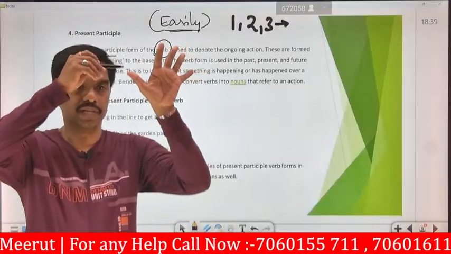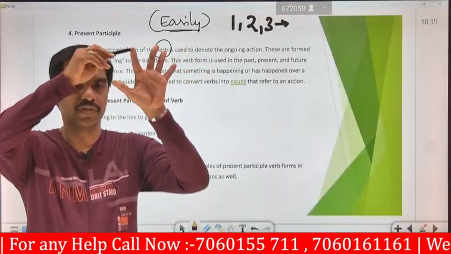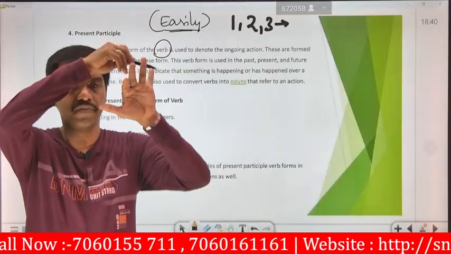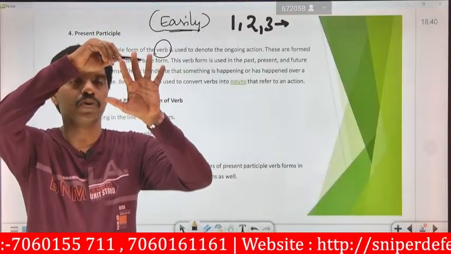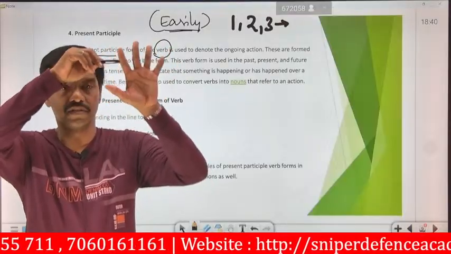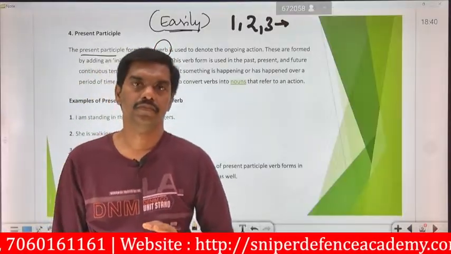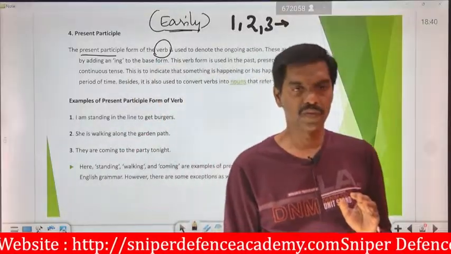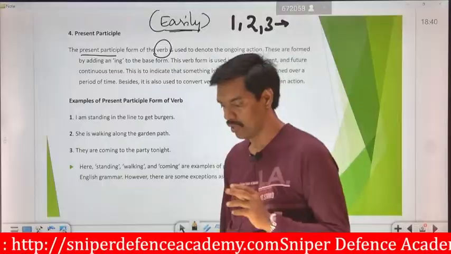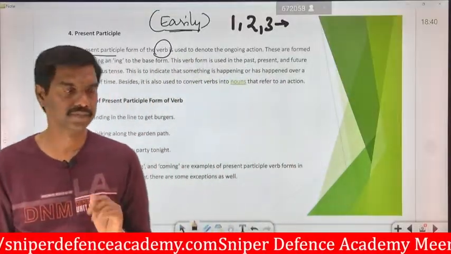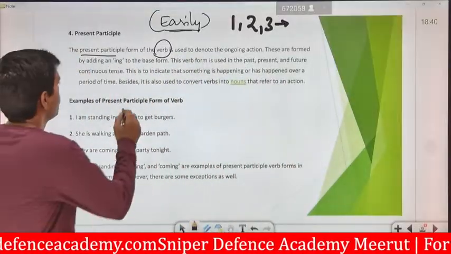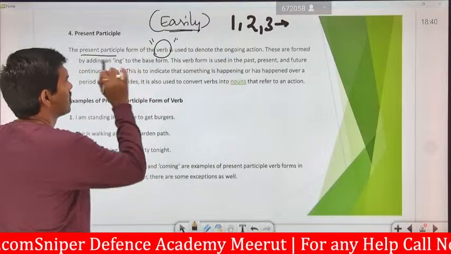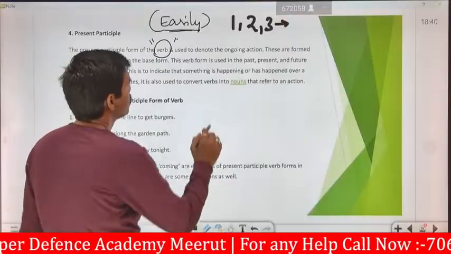V1 will say one action, V2 will say one action, V3 will say one action, V4 will say one action, V5 will say one action. So each one will give one action. Okay. So in this verb, we will study only about the present. Okay. So the present participle means it's a type of verb.